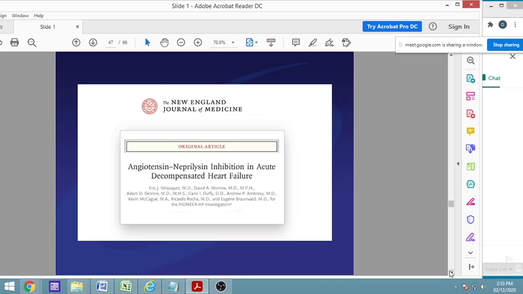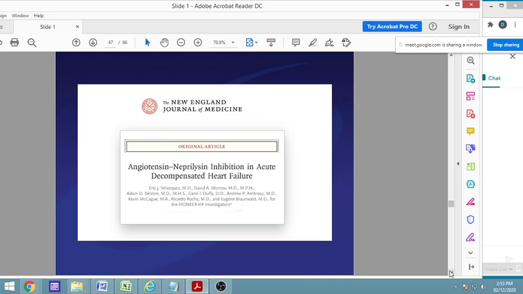Then this is related to ARNI, that is angiotensin receptor neprilysin inhibition in acute decompensated heart failure. These kinds of studies are performed and published, and from these studies, which we call experiences, we make our guidelines, and then we make the CORs, that is, class of recommendation.